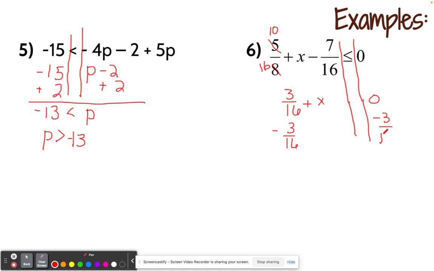This cancels out, and I'm left with x is less than or equal to negative 3/16. 0 minus 3/16 is negative 3/16.